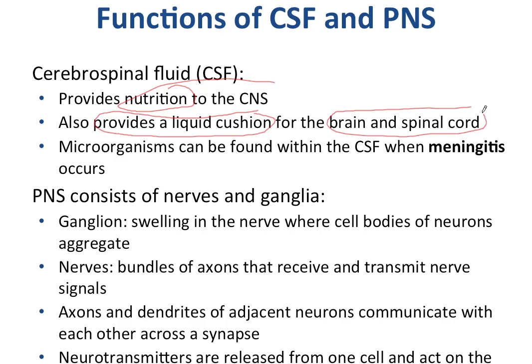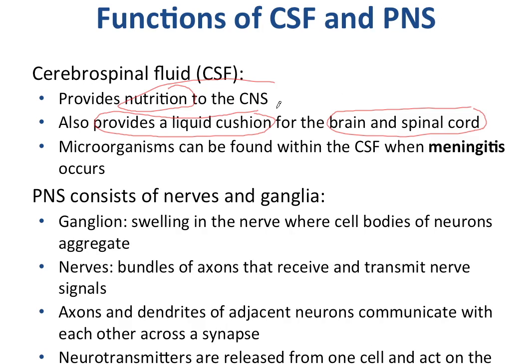For example, when we jump or run, that will cause vibration of our body. The vibration can cause the nervous system to rub against the hard bone tissues, right?